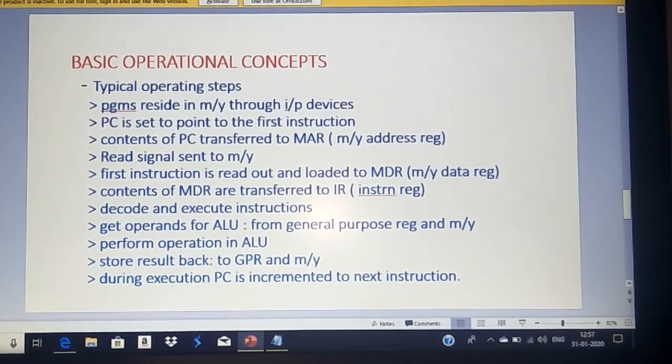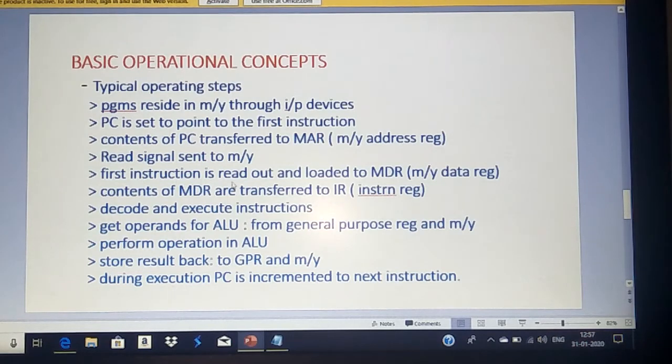Then basic operational concepts. The basic operational concepts consist of various steps known as typical operating steps. First, programs reside in memory through input-output devices, and the PC is set to point to the first instruction. The contents of PC are transferred to the memory address register, and after that a read signal is sent to the memory.